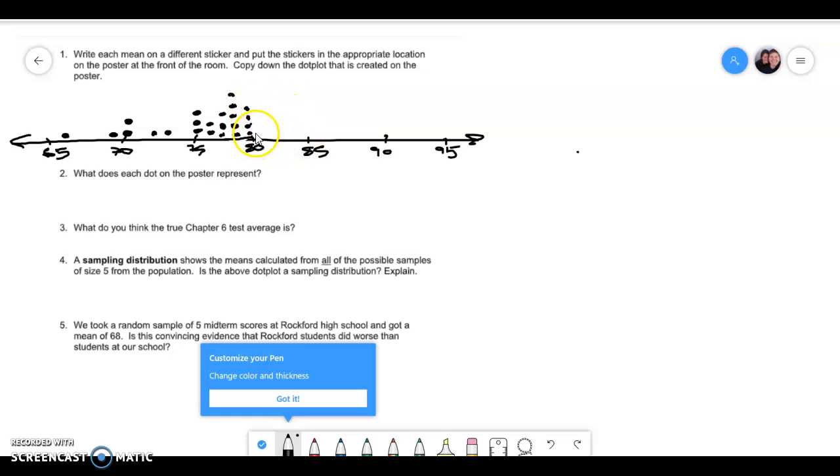We had 4 81s: 1, 2, 3, 4. 4 82s: 1, 2, 3, 4. 3 83s: 1, 2, 3, and 86.